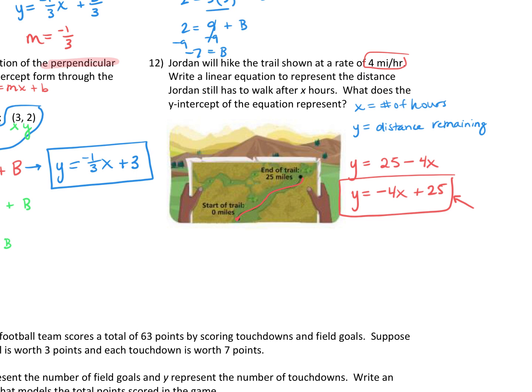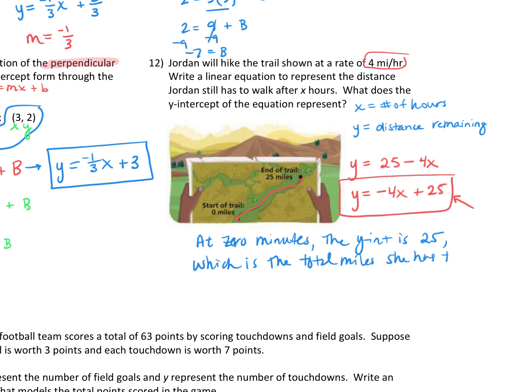So the y-intercept represents, at 0 hours, the y-intercept is 25, which is the total miles she has to hike. So basically, she's at the start of the trail. She's got 25 miles ahead of her.